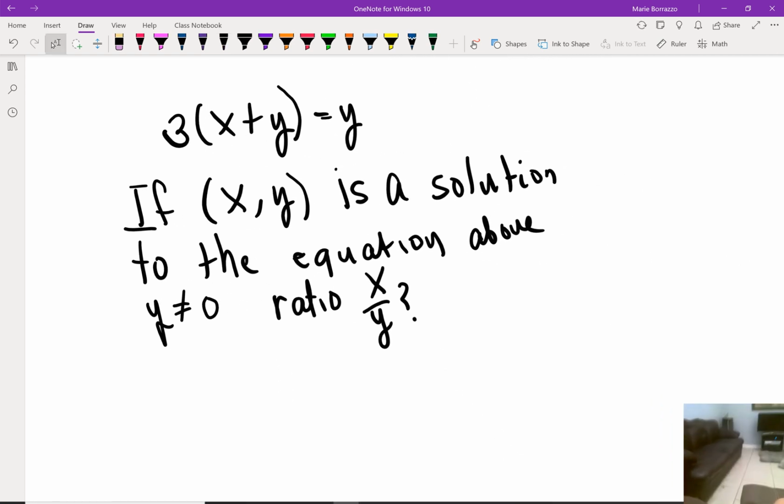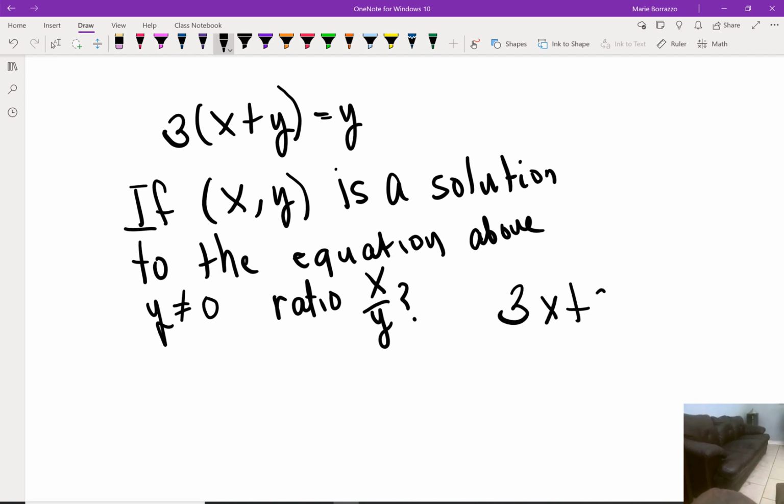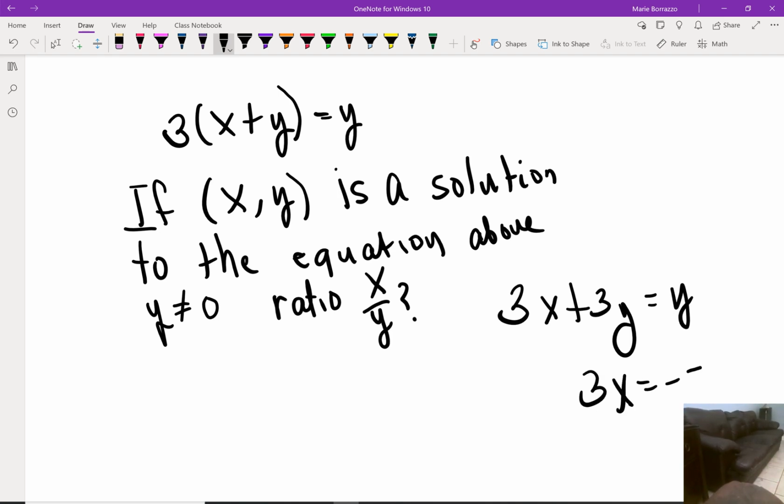All right. So when I first saw this question, I thought, well, it seems pretty straightforward. So you have 3(x plus y) equals y, and mentally I'm thinking that if you distribute that, you get 3x plus 3y equal to y, then you end up with 3x is equal to negative 2y.